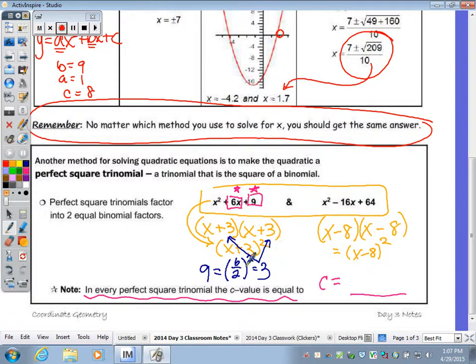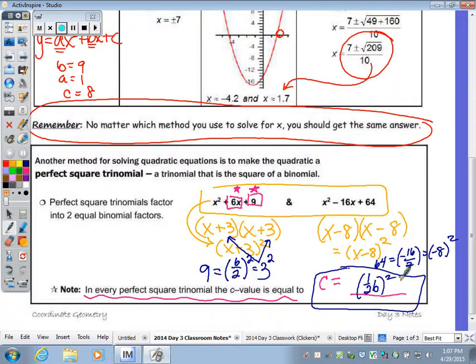So 9 is equivalent to half of 6 squared, and 3 squared is 9. Over here, the same applies. Our c is 64, and 64 is half of your negative 16, which gives us the negative 8 squared. So she is right. C is equivalent to half of the b squared.